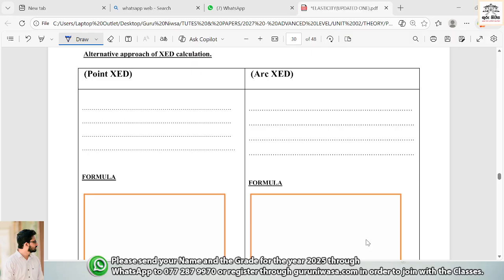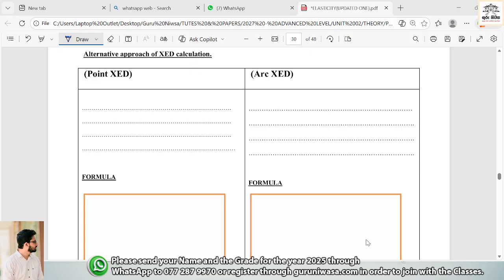Whether it is income, or price of X or Y, if the change is relatively low, normally we say if the percentage change in the independent variable is less than 10%, we need to use point price elasticity.